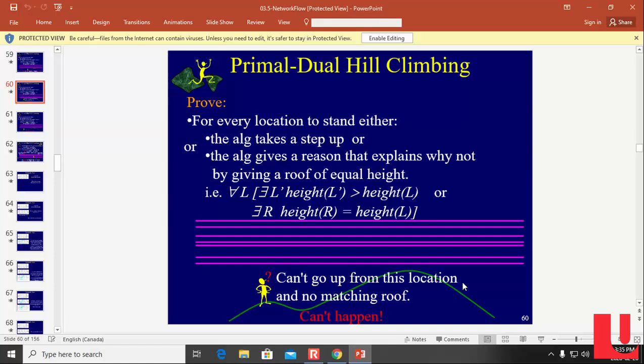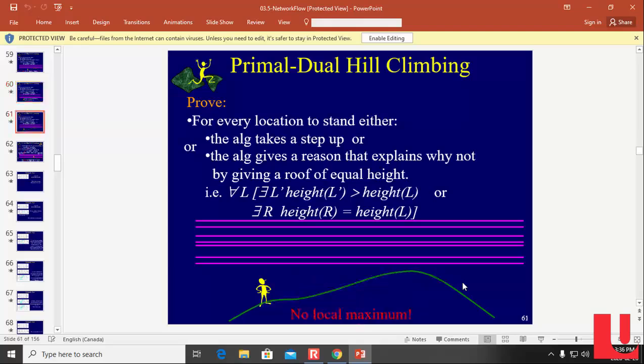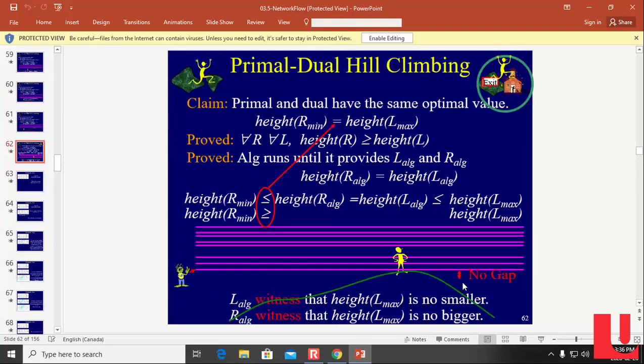And when you find this matching, the primal gives a witness that you can achieve something that's good for the primal, and the dual witnesses the fact that no primal can be better. Does that make sense? Let's get that nice sentence that I like here.